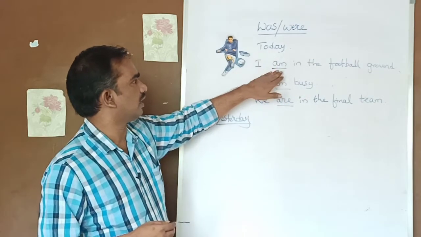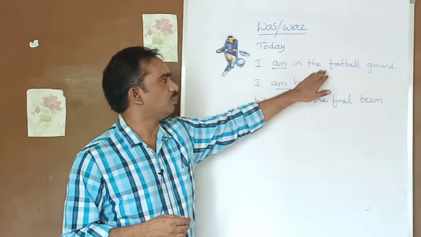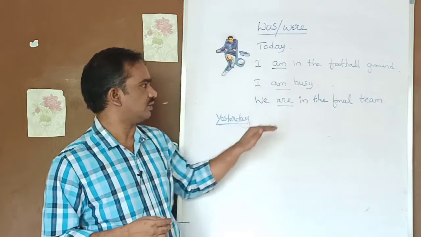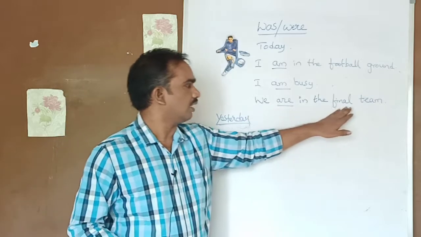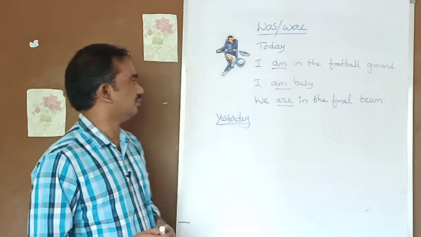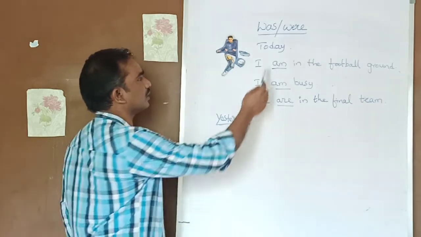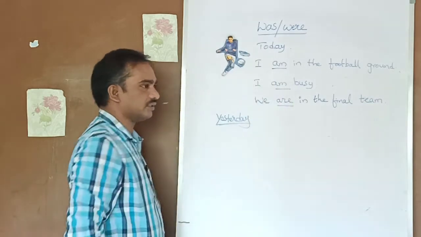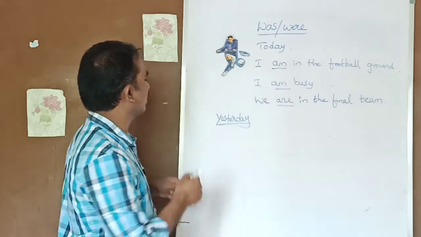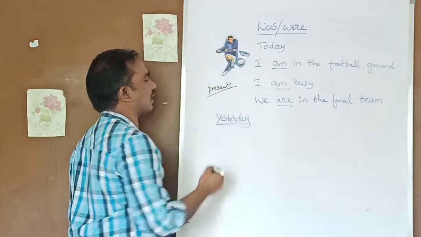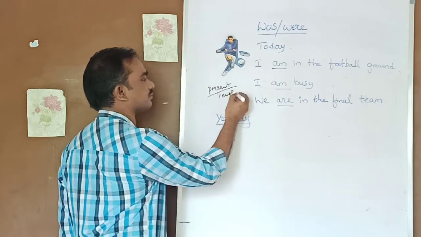Today, what he says: I am in the football ground. I am busy. We are in the final team. So if you look at these sentences, today he is saying these things, so these are in present tense.